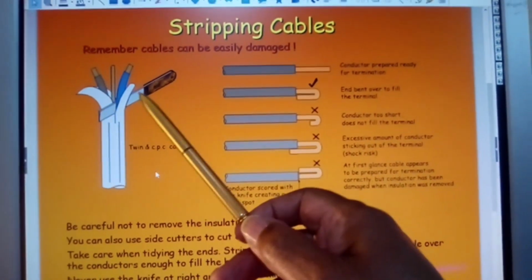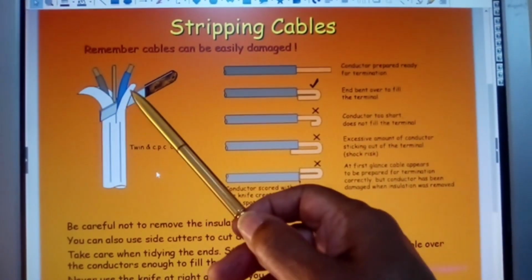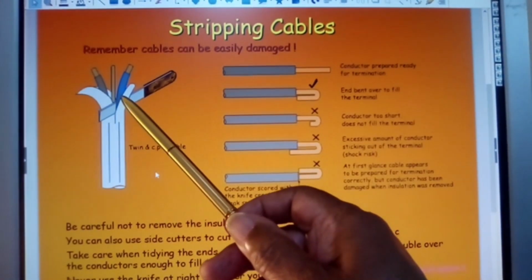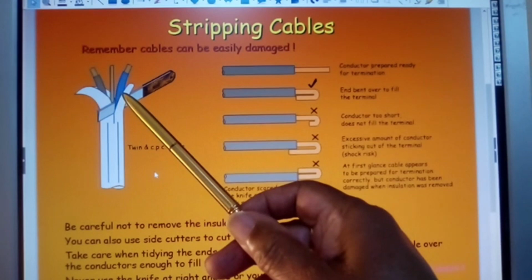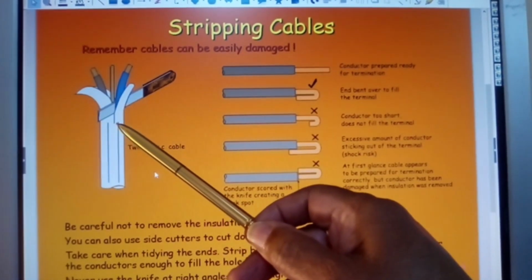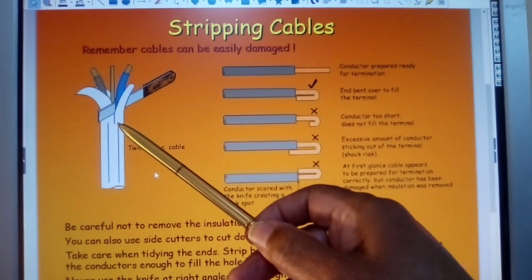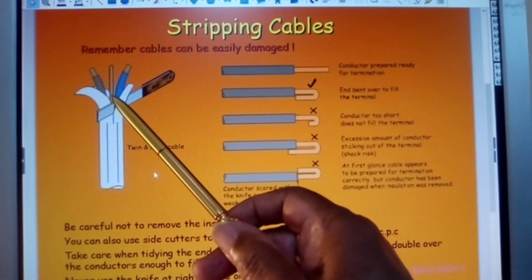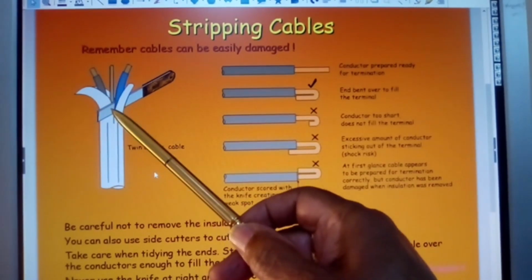There are a couple of things wrong with this method. One, you're likely to damage inner cable conductors. Here you can see that you could cut or strip the neutral conductor, and you don't want to be doing that. Secondly, you could also cause damage to the earth conductor, the CPC.